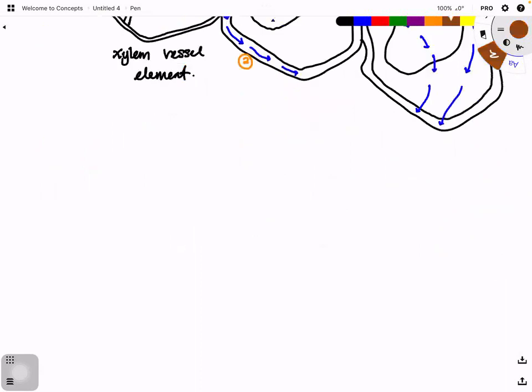So the first one is actually the movement of water, the H2O, from xylem vessel element into mesophyll cell.